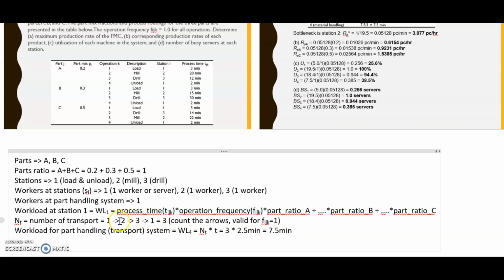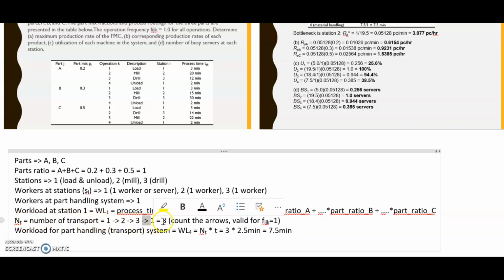The number of movements is 3: 1, 2, 3. You can count the arrows. This technique is valid for operation frequency equal to 1, which is valid in this case. This is the easiest way to find NT, the number of transports.